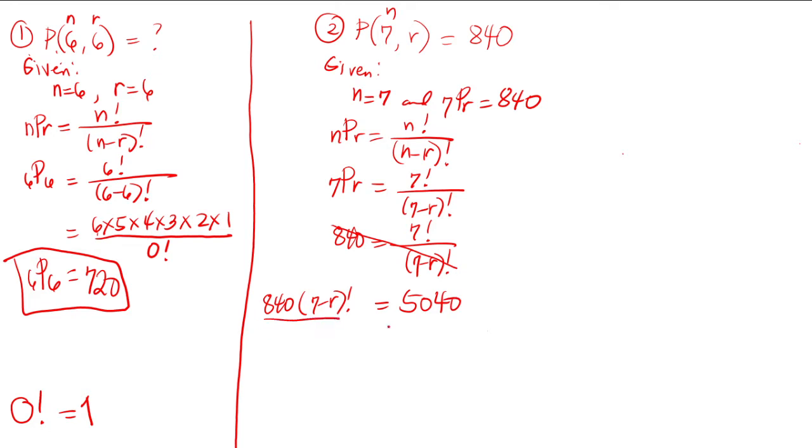And then divide both sides by 840. And then cancel out. You have 7 minus r, quantity factorial, is equal to 5,040 divided by 840, which is equal to 6. Now from there, since mas liit na yung value natin, mas madali nang hanapin yung 6.